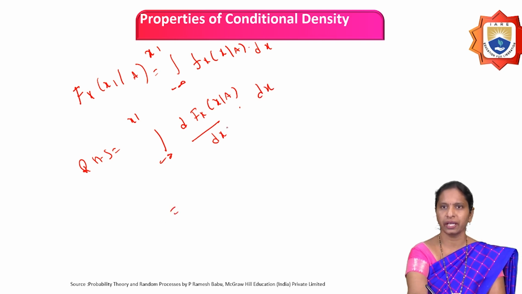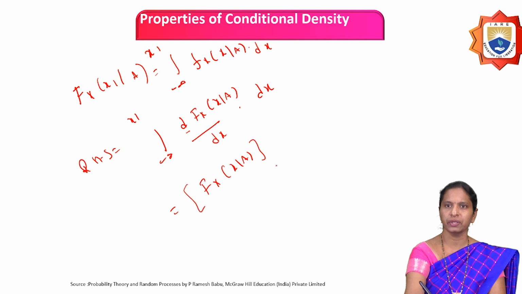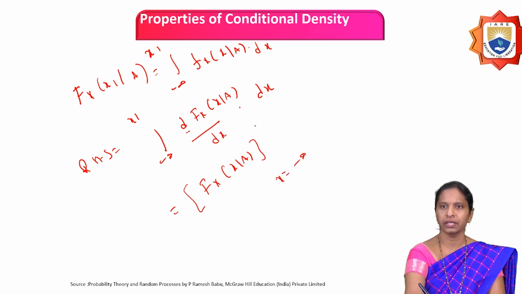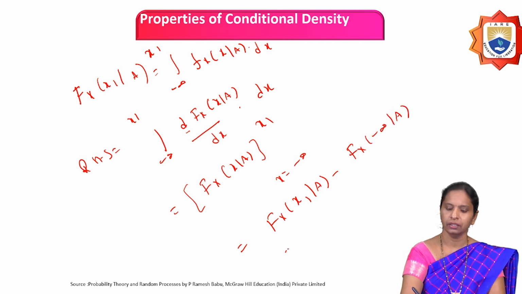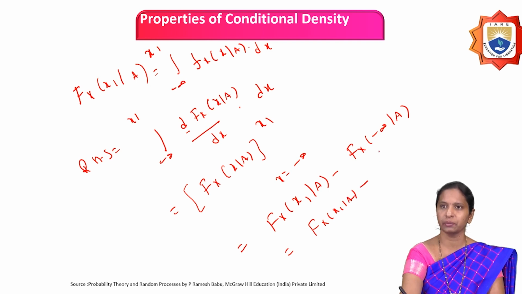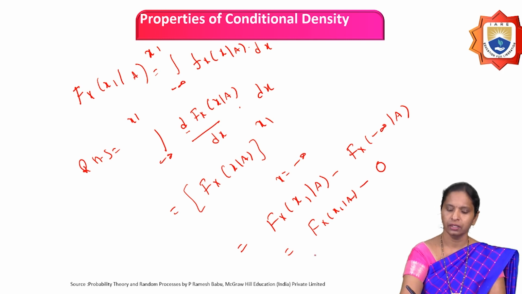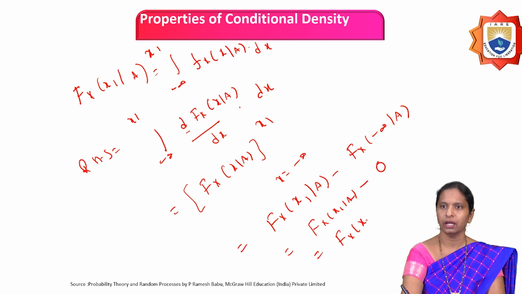Since both are with respect to x, the differentiation and integration will cancel. Then how can I write down here? F_X(x by a), and what are the limits of x here? Minus infinity to x1. Therefore, what can happen here? Substitute the upper limit: F_X(x1 by a) minus F_X(minus infinity by a). That equals to what? F_X(x1 by a) minus, what is F_X(minus infinity by a)? 0. Nothing but P(x <= minus infinity), the value is 0. That equals to what? F_X(x1 by a). That is nothing but your LHS.